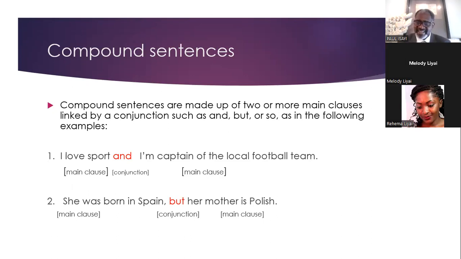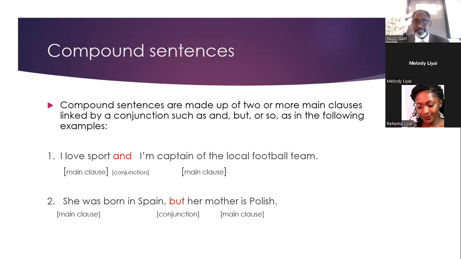Melody, could you read that second sentence and identify the main clauses and the conjunction? She was born in Spain, but her mother is Polish. The first main clause is she was born in Spain, and the second main clause is her mother is Polish.